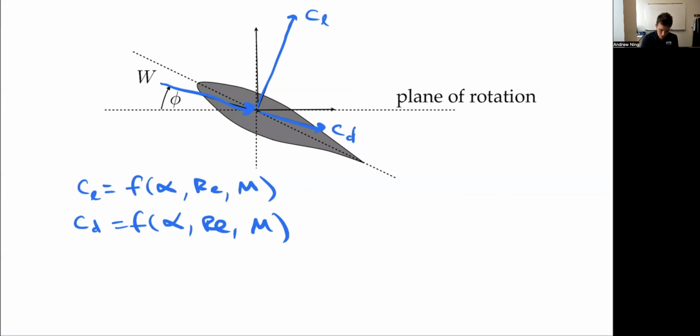So typically, at a minimum, we really just need CL and CD as a function of alpha. Although, again, a better model might have a three-dimensional spline that's a function of Reynolds number and Mach number as well, or has some corrections built in. Again, we'll talk about those next time.